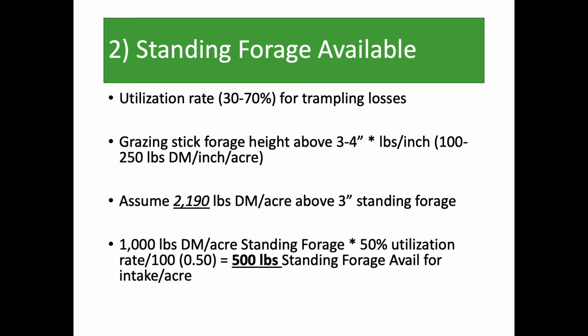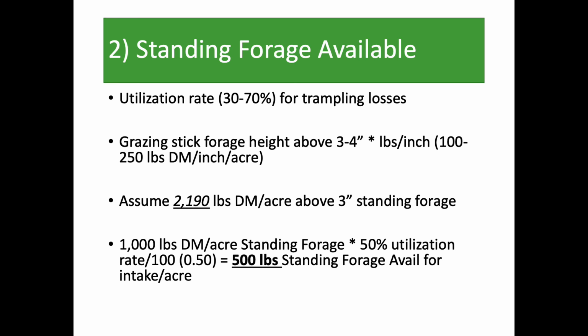Now, another method, which is what we're actually going to go through here, is that we've already measured how much forage is available out there. So we're going to assume there's 2,190 pounds of dry matter per acre, because we went out and measured that for you guys, and you guys will actually get to go out and try that out for yourself.